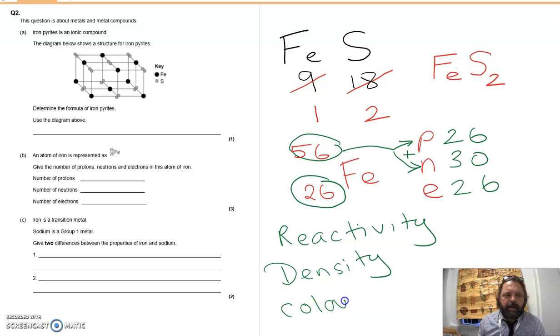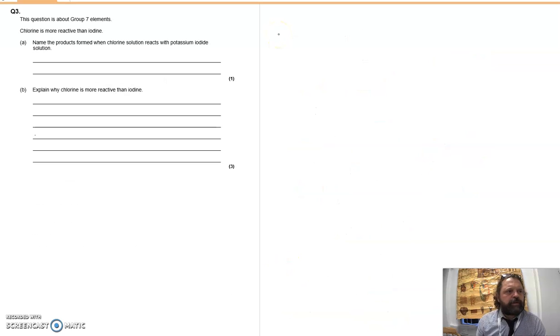So transition metals like iron, when they join up with other elements to make a compound, those compounds tend to be coloured. This question is about group 7. We've looked at displacement in group 7, and we know that as we go down the periodic table, the top of the group, fluorine, is the most reactive element in this group.